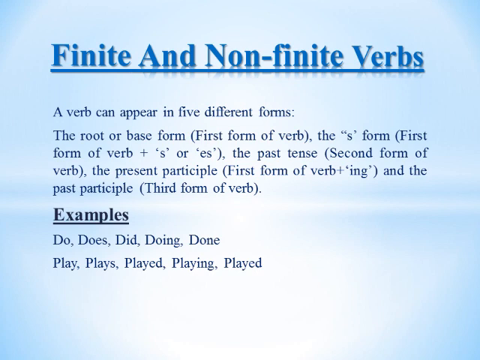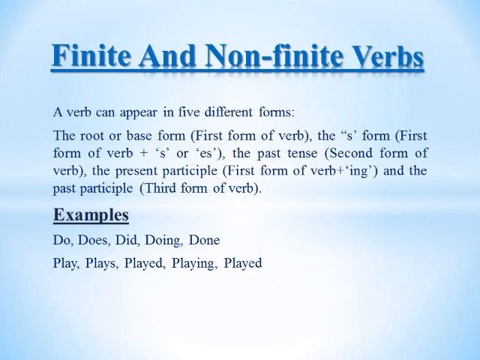The past tense, that is second form of verb. The present participle, that is first form of verb plus ing or the ing form of verb, and the past participle, that is third form of verb.